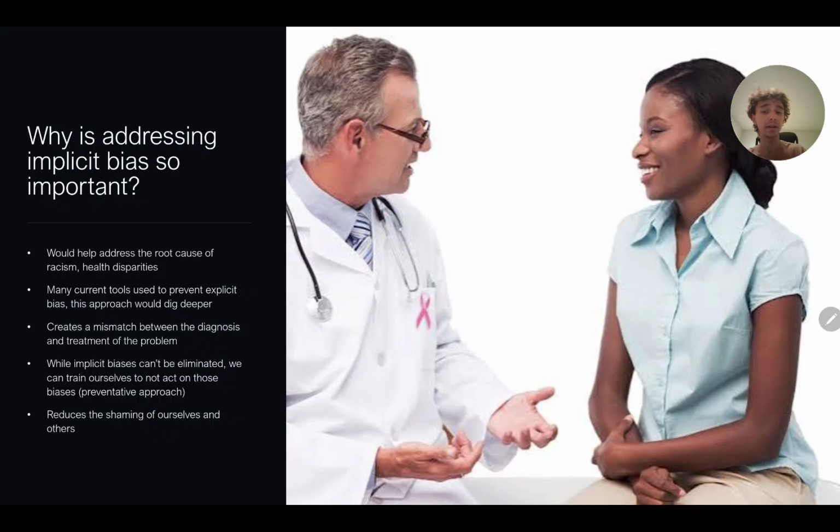There are techniques out there to not act on those biases, and this would represent a preventative approach, because I feel like a common theme in this country as far as healthcare is that we are not preventing certain issues, but instead we tend to act on them once they already happen. So we have an emergency response system, but we're not preventing issues before they actually happen. And addressing implicit bias, I feel like, would be a great way to do that.